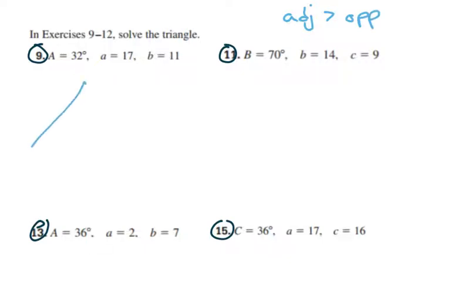Alright, so if I drew this, my angle at A is 32, my opposite side length is 17, and B is 11. So let's see. B is 11. The adjacent side is not greater than the opposite side, so this is just one case. Alright, so let's set up what we have.